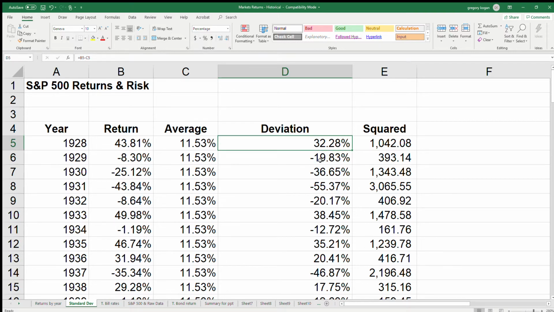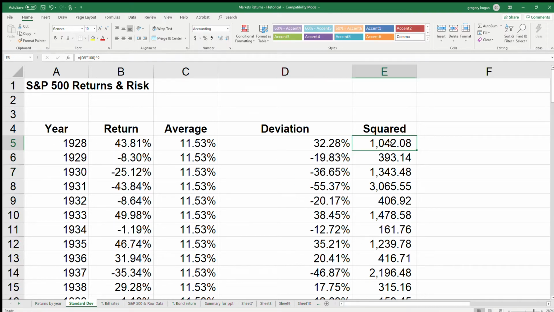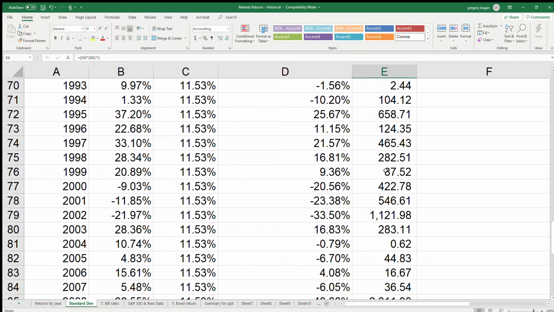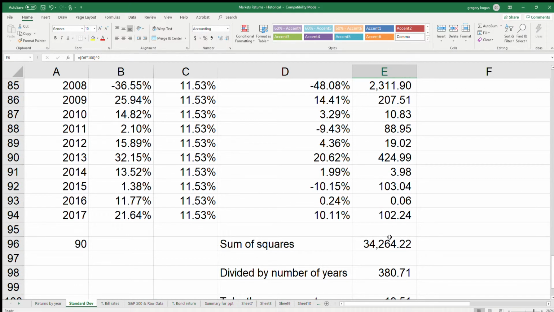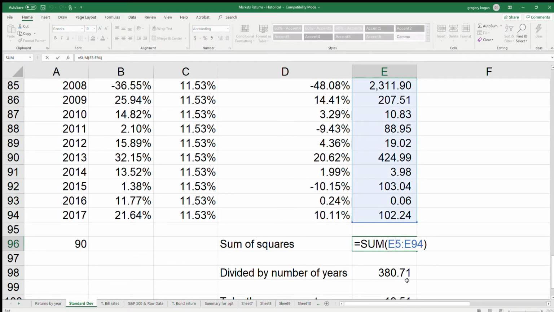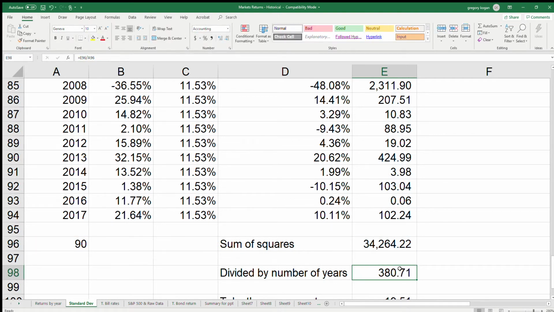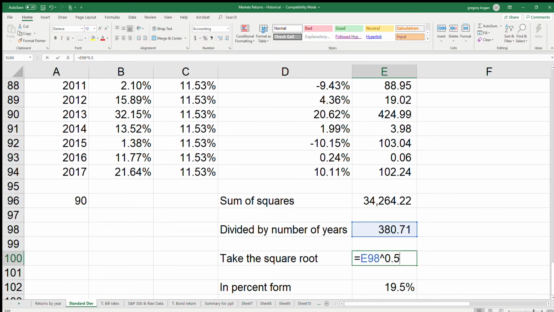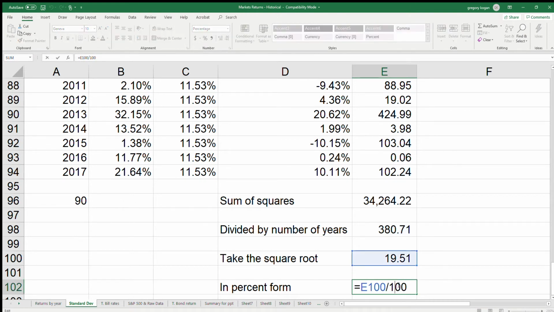Now, if we just average these numbers, because it's positive and negative, it kind of throws us off a little bit. So what we do is we square these to basically account for removing the negative effect of the numbers. And then we sum all of the squares, divide it by the number of years, which is 90, and then we take the square root of that, and we get 19.5.